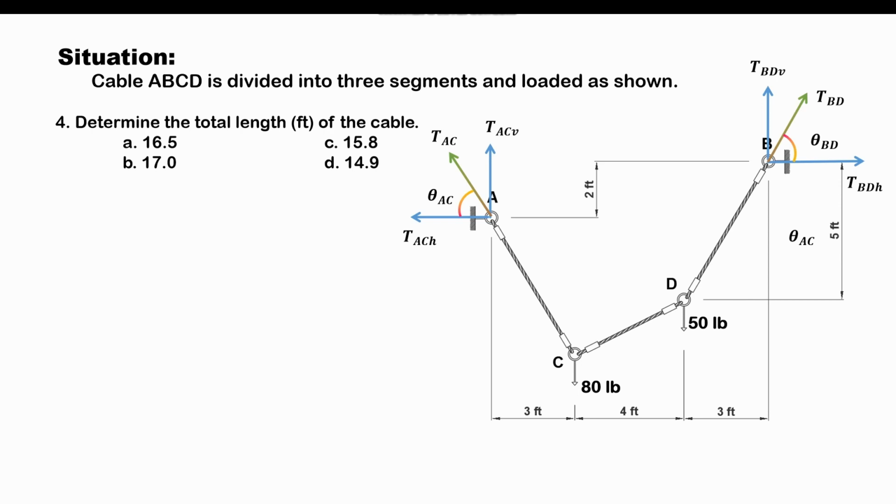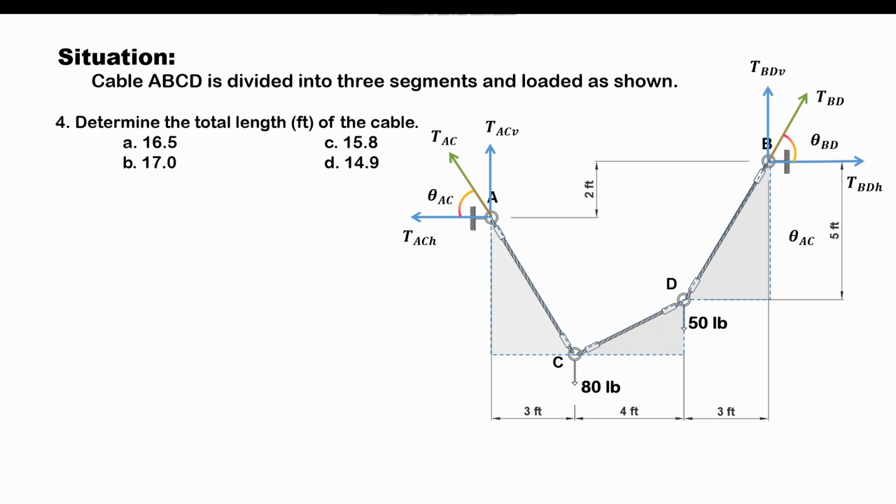In here, we are asked to determine the total length of the cable. If we look at the figure, and project horizontal and vertical lines from the joints, we will form right triangles. If you observe these right triangles, their hypotenuse sides represent the segments of the cable.